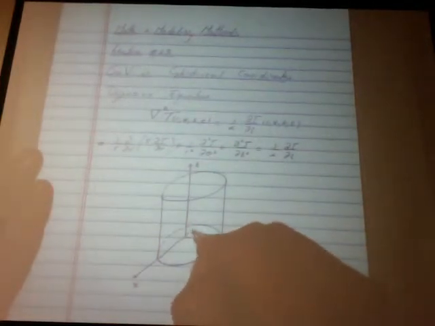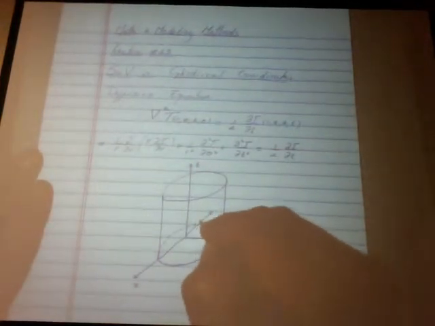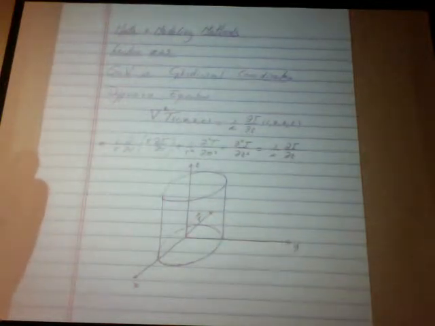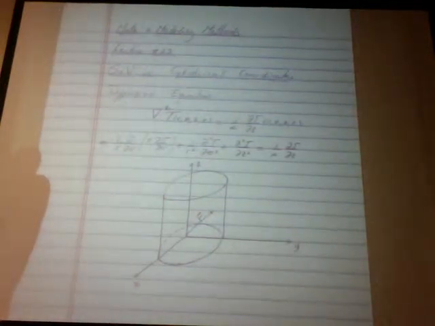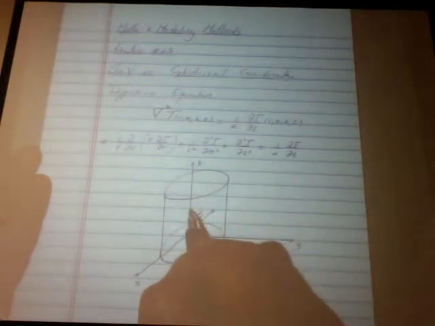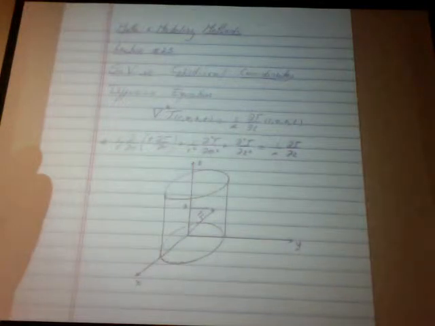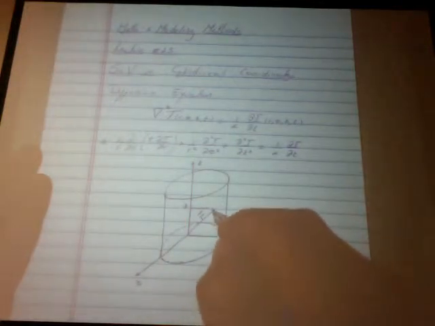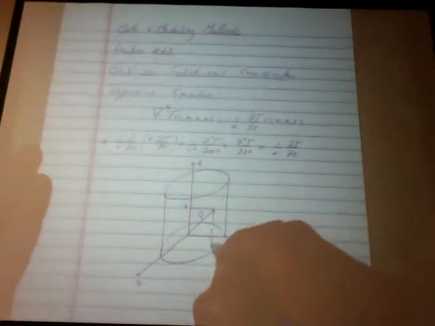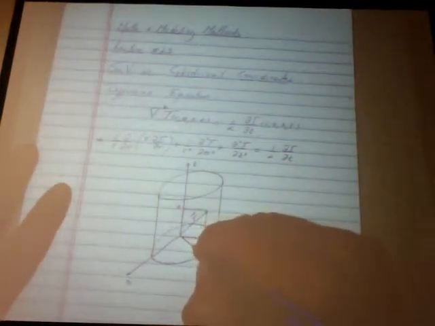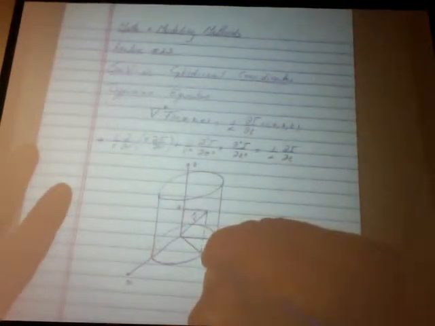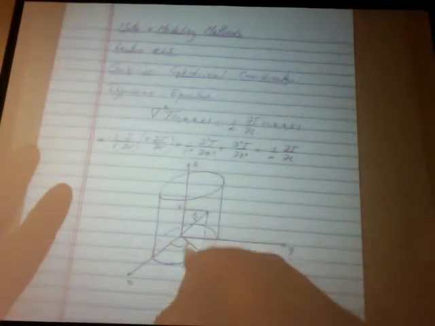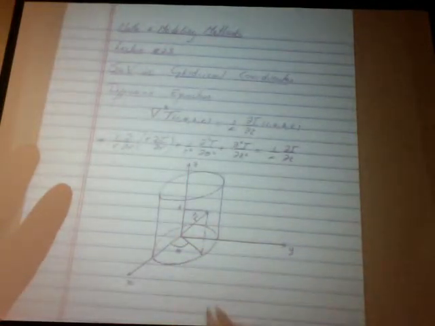Any point on the surface of the cylinder, by a position vector r, has a coordinate z. And when we project it onto the xy plane, it has an angle theta with respect to the x-axis.